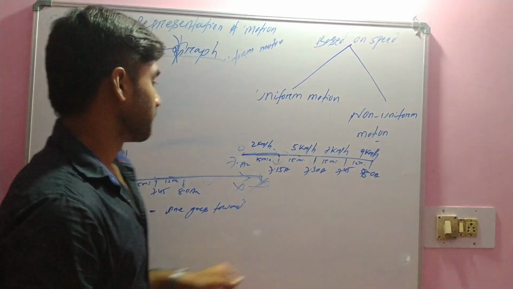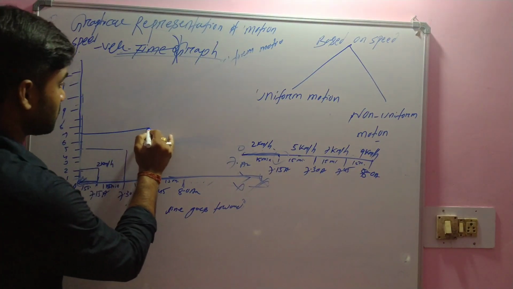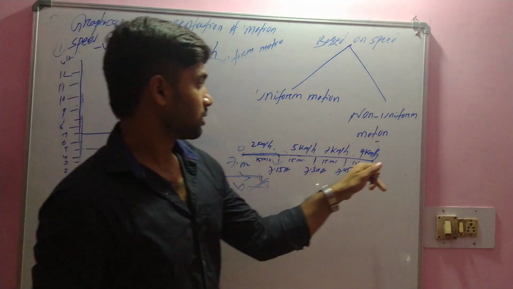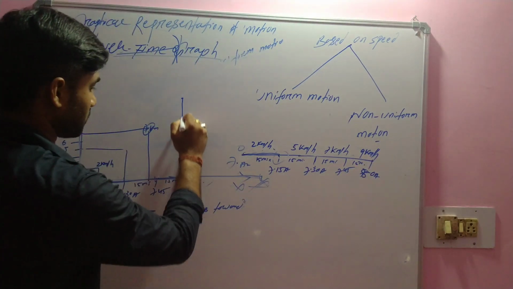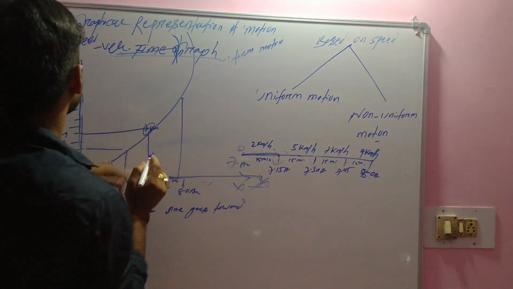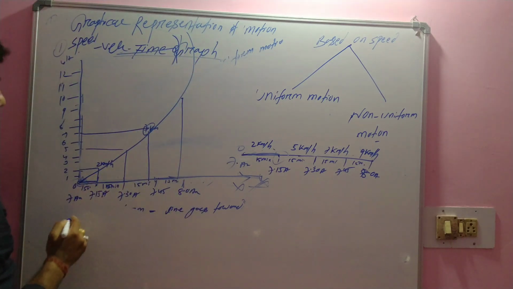At 7:45, his speed is 7 km per hour. At 8, 9 km per hour. The speed gradually increases, so the graph should be curved.